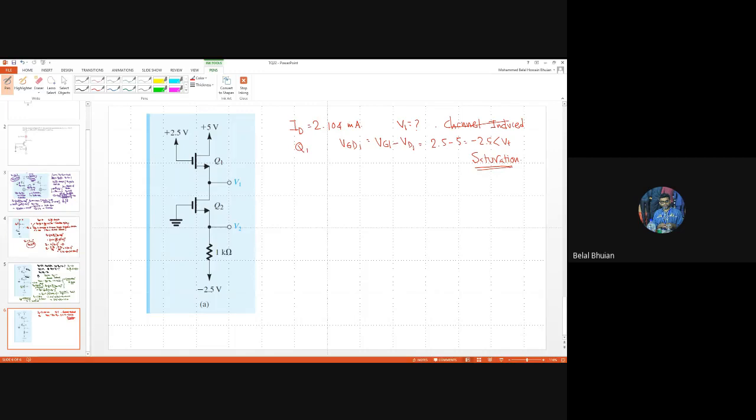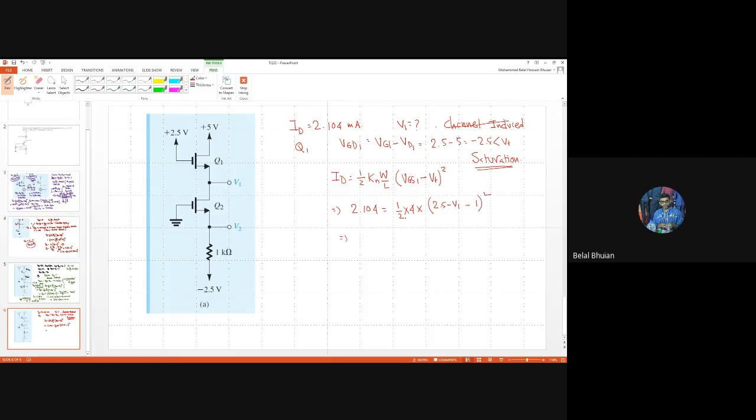All right, so now that it is in saturation region, we can determine ID as half Kn W over L times (VGS1 minus Vt) whole square, which is ID equals 2.104 equals half into 4 into (VG which is 2.5 minus V1 minus 1) whole square.